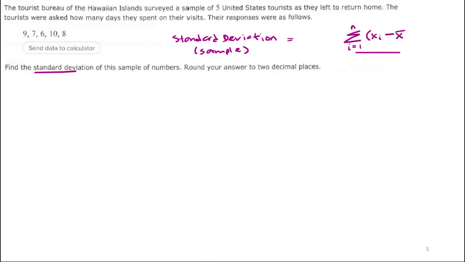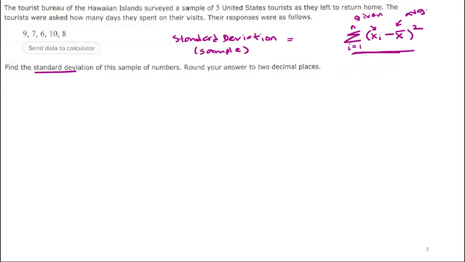And the x bar means the average. And then you're going to square that. So this bar here means the average. And the xi here is representing the number given to you. All right. So that's going to be in the numerator, on the top.